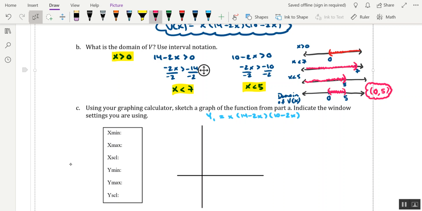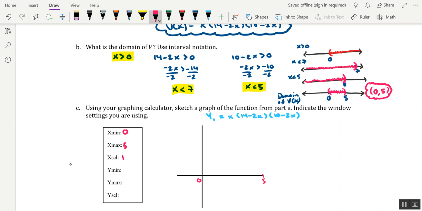So you might want to set your x min value to 0. We don't want to use x values less than that. And you might want to set your x max value to 5. So along the x-axis, we're going to be going from 0 to 5. And we can leave the x scaling at 1.